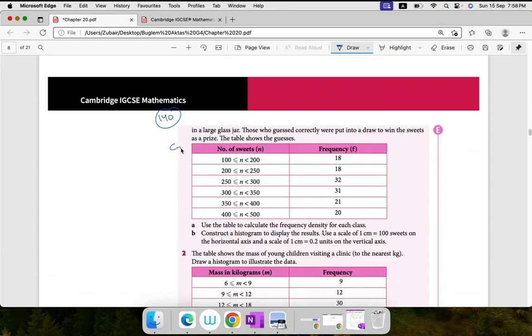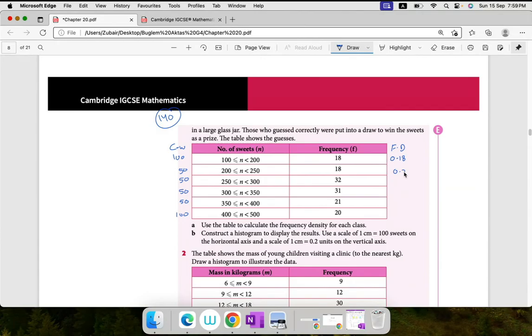So class width, frequency density. The class widths are 100, 50, 50, 50, 50, and 100. Frequency divided by class width: 0.18.